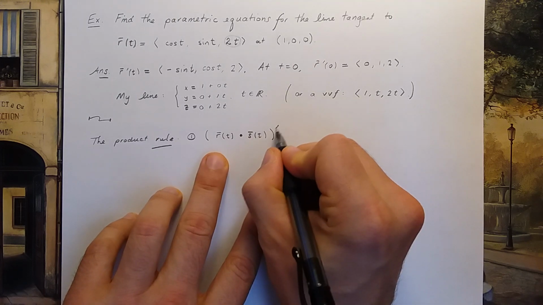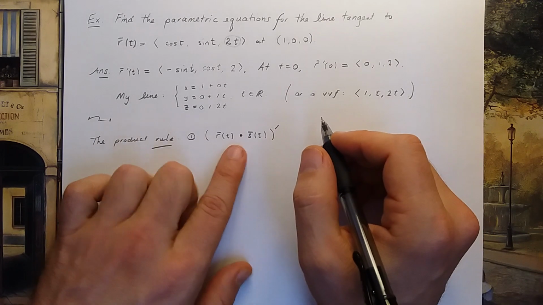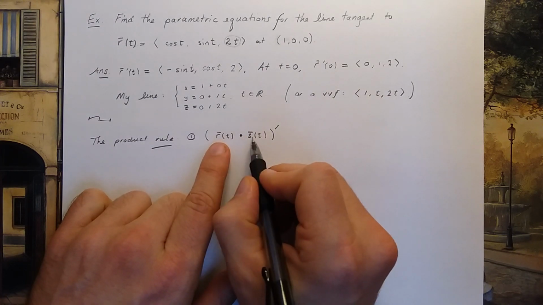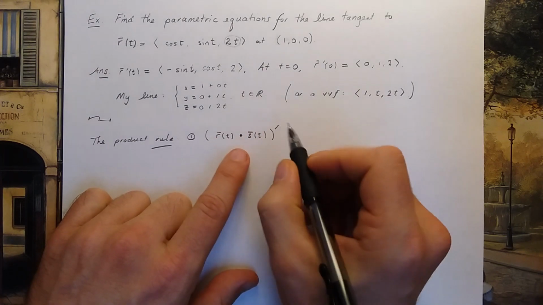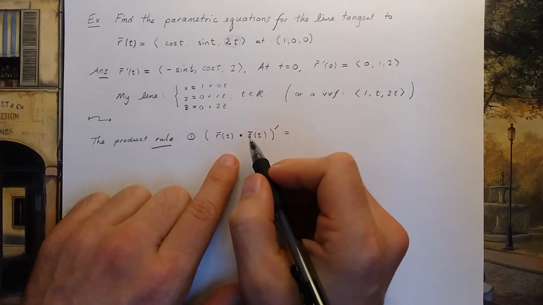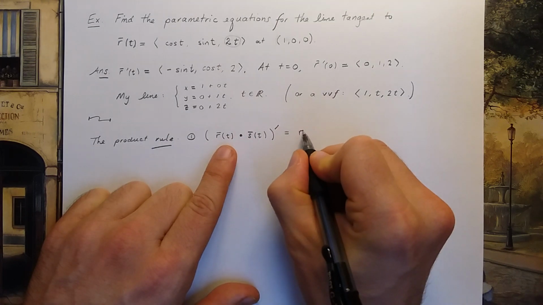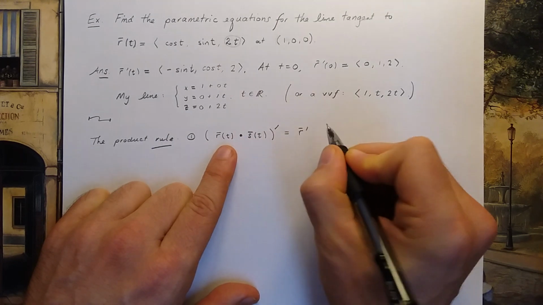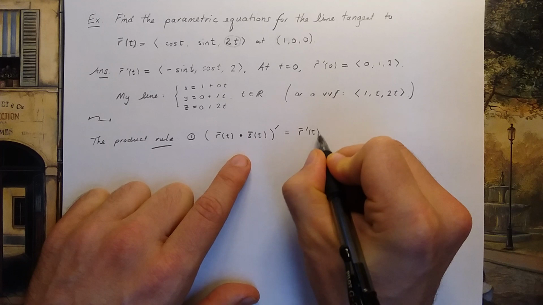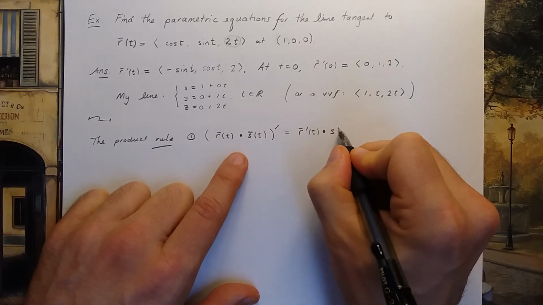I could take the derivative of that function just like I would in Calculus 1. If I take the derivative of a dot product, I can simplify using the dot product rule, which says that this is equal to what you might expect. The product rule still holds even though I'm taking a dot product.